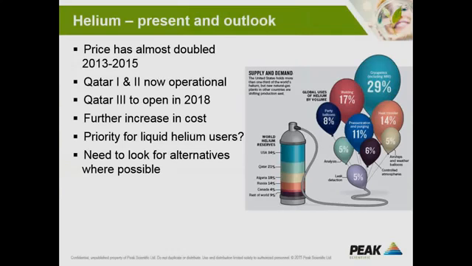Apparently this is now dwindling, and I'm sure many of you, if you're using GC, you see that you sit within the analysis balloon there, with a total consumption of around 5% of global helium. So when it comes to distribution of the available helium, you can see why it can be hard for GC labs to get supply. So there needs to be a look for alternatives wherever possible.